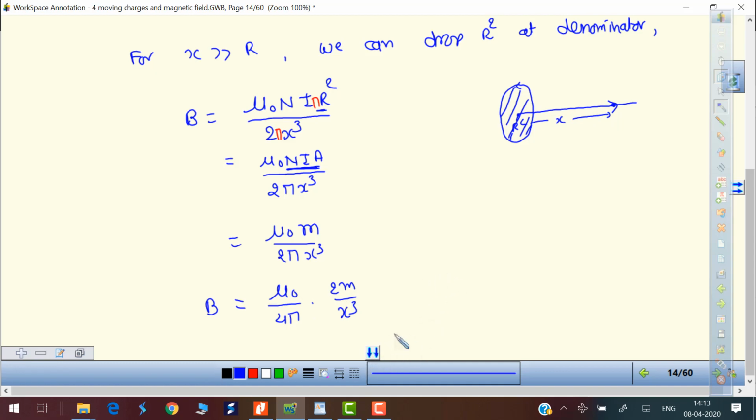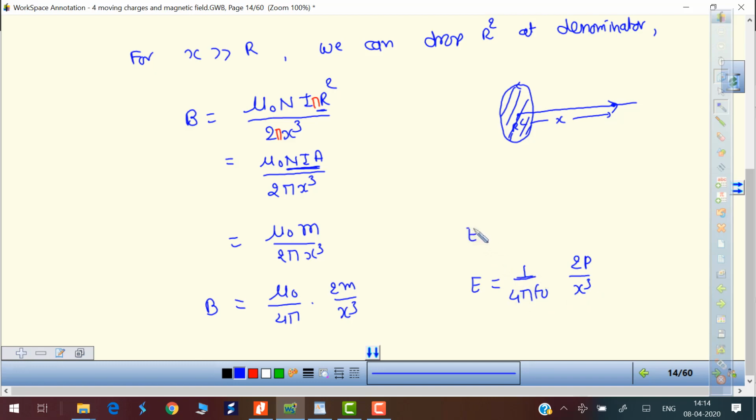Okay. Now I write one more formula for electric field of electric dipole, that is 1 upon 4 pi epsilon naught, 2p upon x cube.